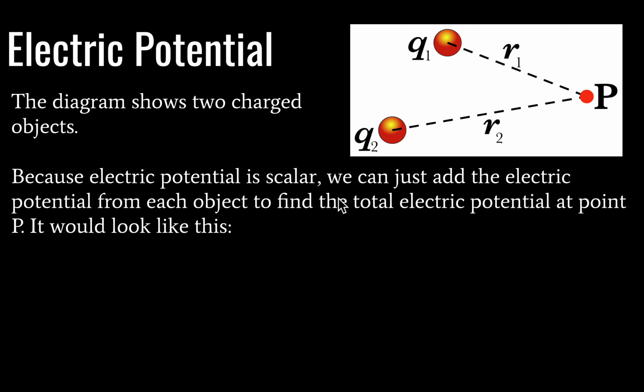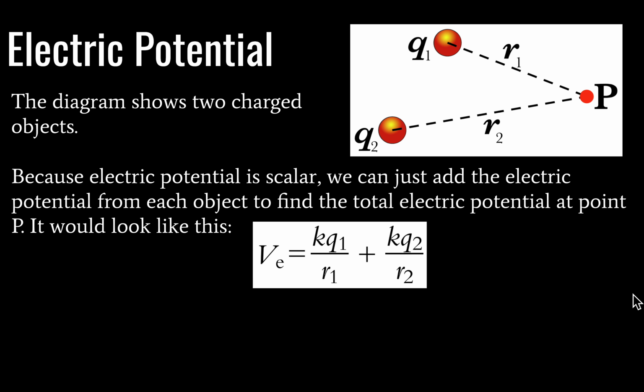So we can just add electric potential from each object to find our total electric potential at a point P. And that will look like this, where our total electric potential is equal to KQ sub 1 divided by R sub 1 plus KQ sub 2 divided by R sub 2. Note that we could have negative signs on either Q1 or Q2, and that will change the sign of our terms. So you need to be a little bit careful about that.